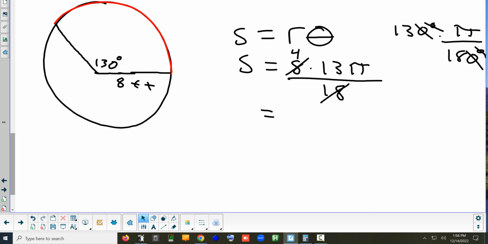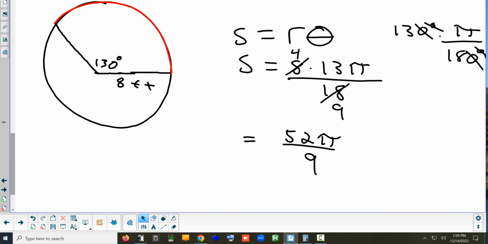And how many times does 2 go into 18? 9. So our final answer is 4 times 13 pi over 9. What's 4 times 13? 52. So it's 52 pi over 9.